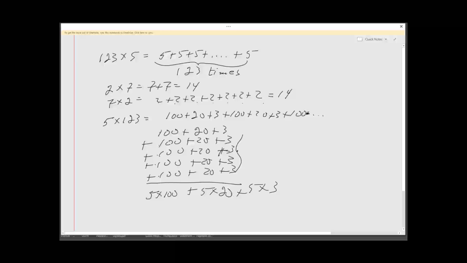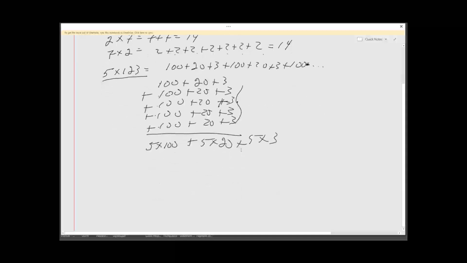In other words, instead of one large multiplication, 5 times 123, we are multiplying in pieces. Just like we added in pieces before, we are now multiplying in pieces. Essentially what we did, let me write this another way. We said 5 times 123. We expanded the 123, 5 times 100 plus 20 plus 3, and we said 5 times 100 plus 5 times 20 plus 5 times 3.